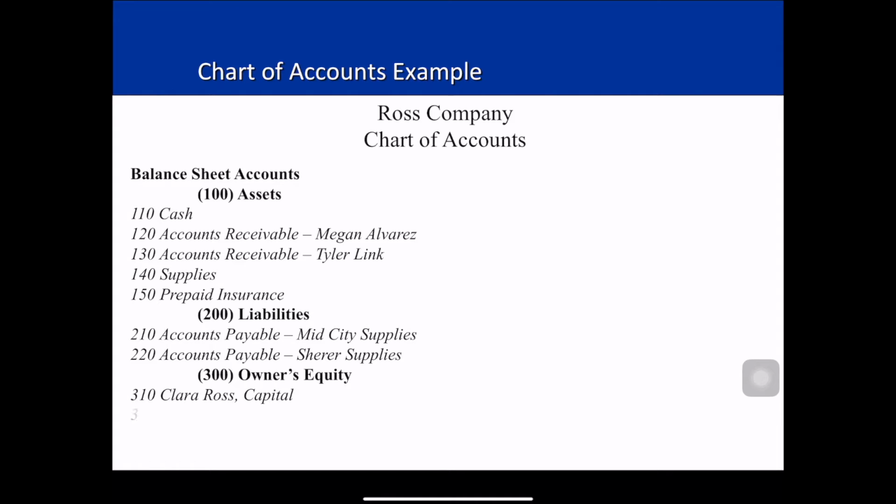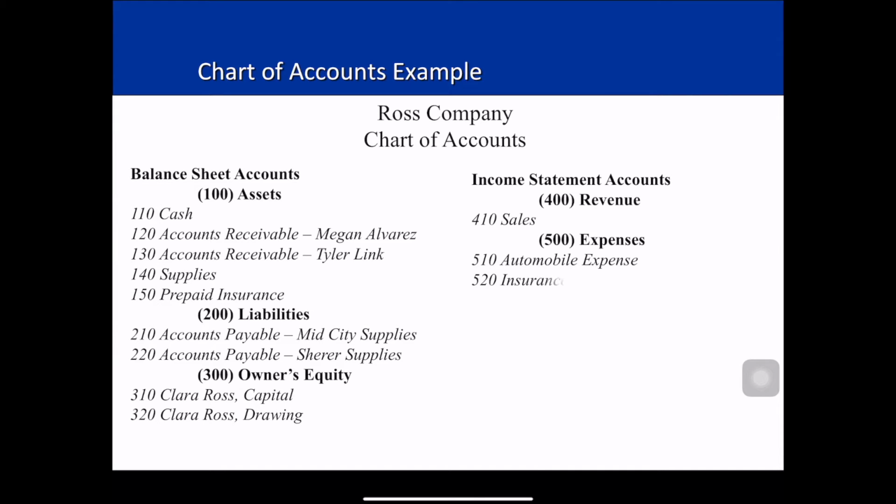The 300s would be our owner's equity. Our income statement accounts would include the revenue, 410 for sales. Expenses, again, would be listed according to how they are alphabetized.